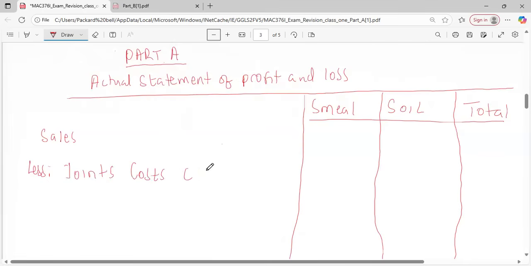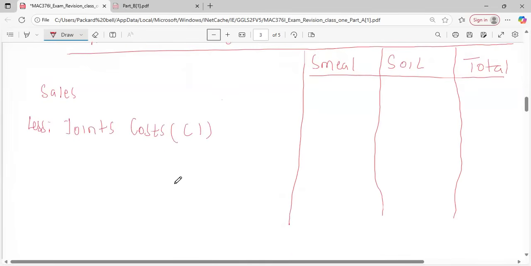So which means here we have to calculate our joint cost. After our joint cost, we are also going to less further processing cost. When you less further processing costs, what else are we going to less?